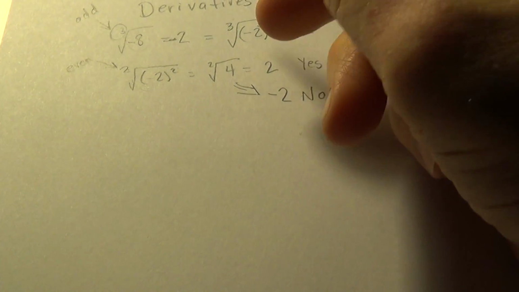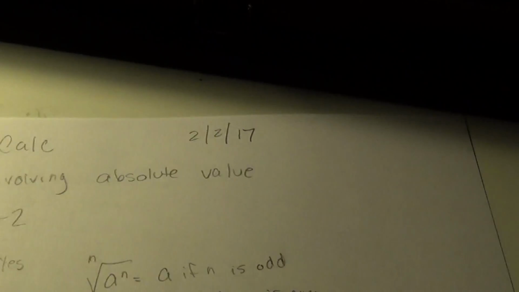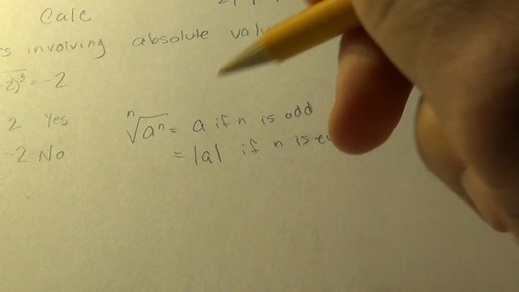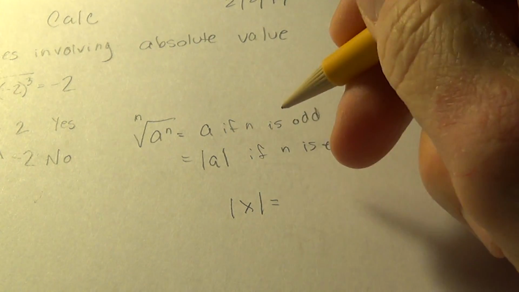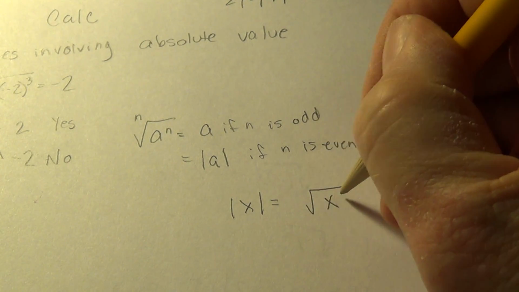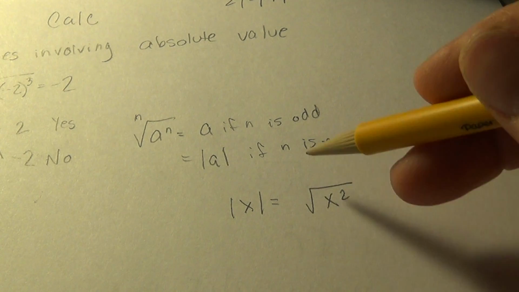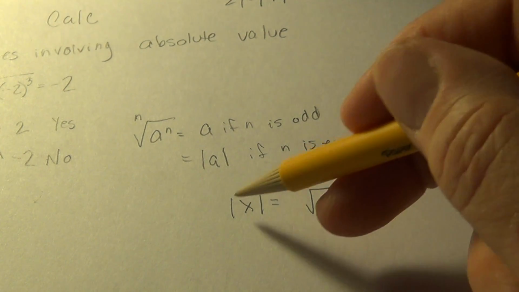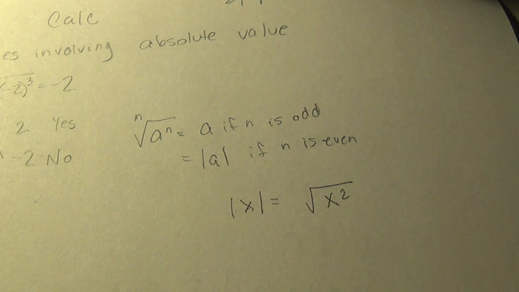So we are going to look at this. Because of this definition, I'll work over here with this in view. We can say the absolute value of x can be rewritten as the square root of x squared. Yes, we can. It's kind of a weird connection here. You may not have seen that previously, but everyone in higher math knows that.